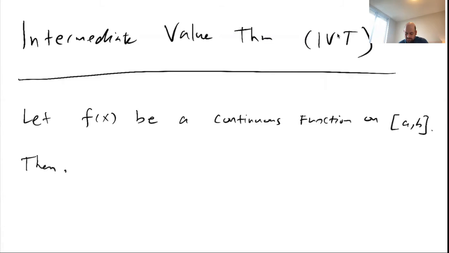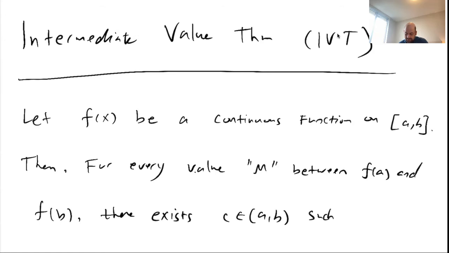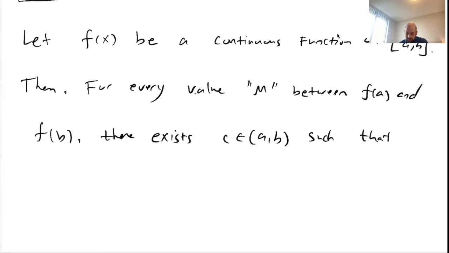Then for every value m between f of a and f of b, there exists c between a and b such that f of c is equal to m.